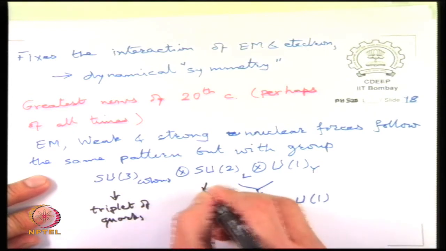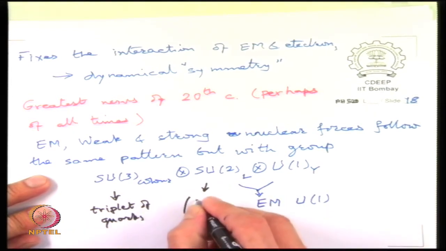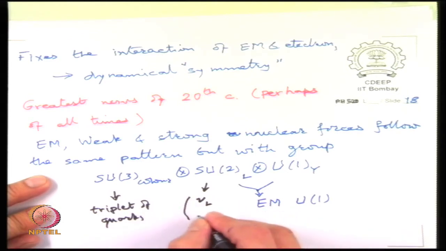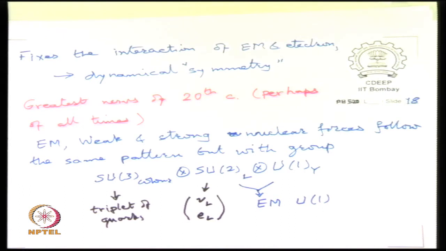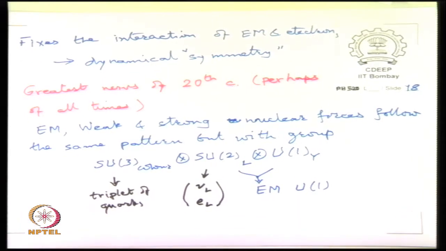And this acts on the left-handed neutrino and the left part of the electron, the left projection of the electron. It does not affect the right projection of the electron. So it is a slightly strange theory, but this is how it is.